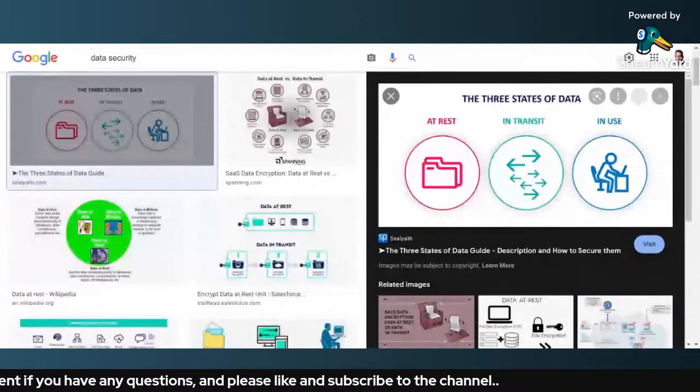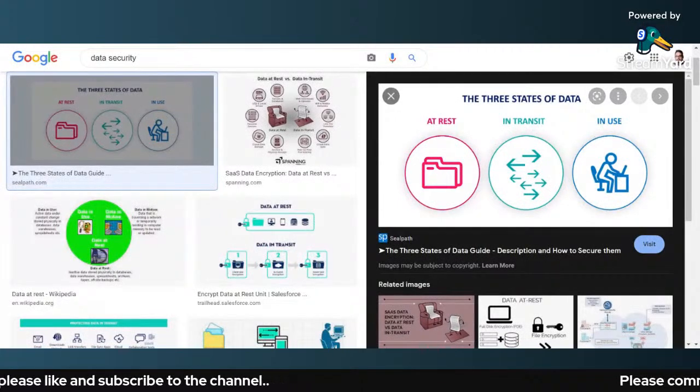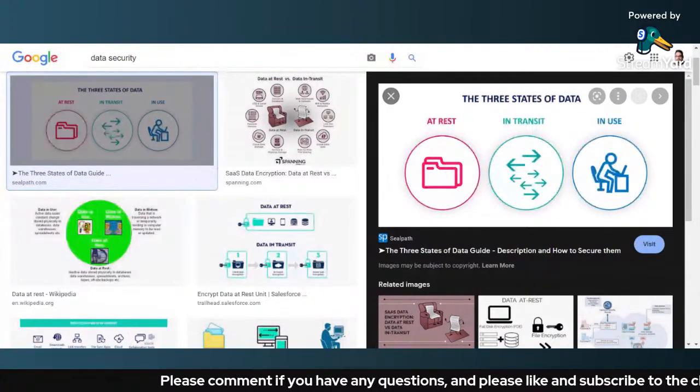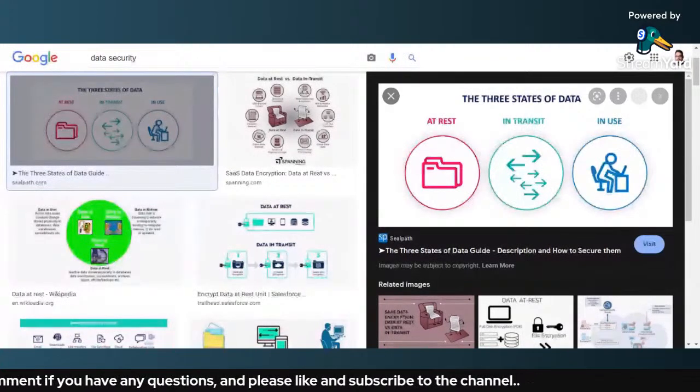How do you do that? By ensuring that only the authorized people are given access to the root account. Okay, that is how you do it for data in use. And also ensuring that the correct people have access to this data for the data in use as well.